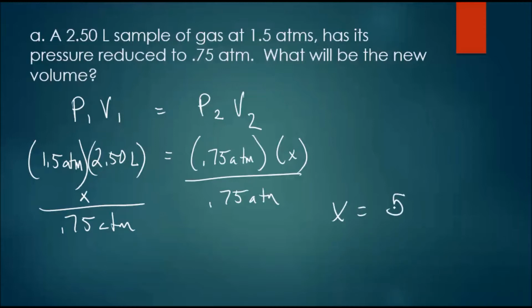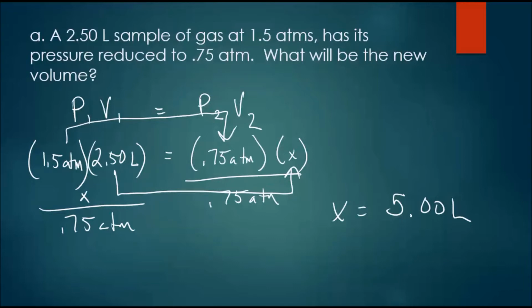Oh wait, you don't really have to. Because if you understand the concept, what happened to the pressure? It was halved. So what must happen to the volume? It must be doubled. Now, they're not always going to be that easy. So you do need to learn to use the equation.